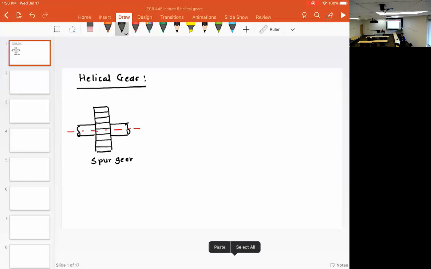So for the helical gear, the teeth are cut at an angle.